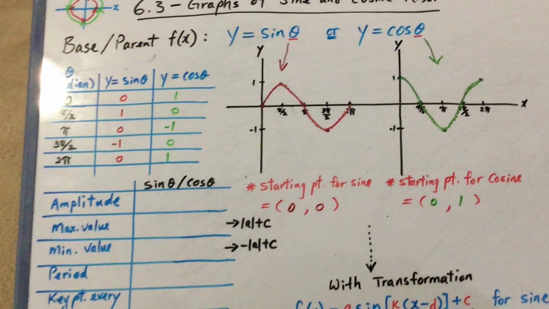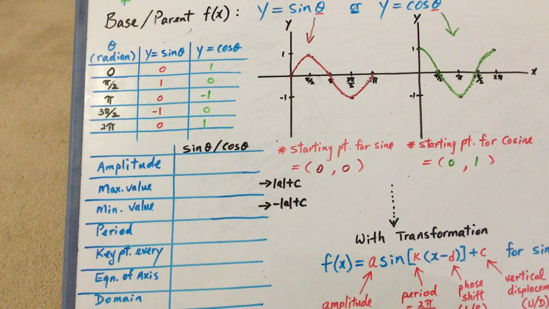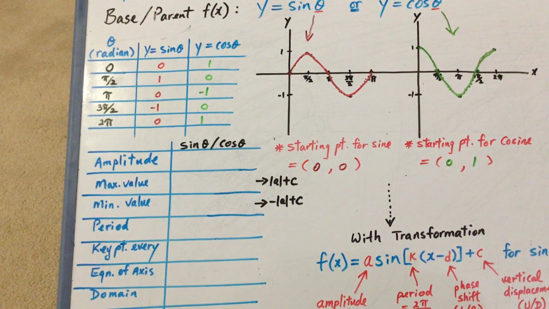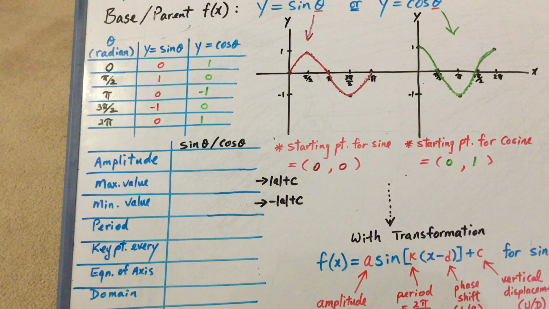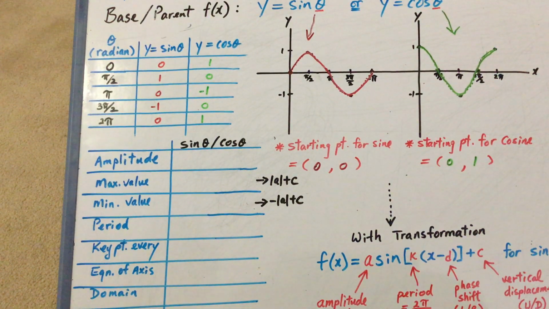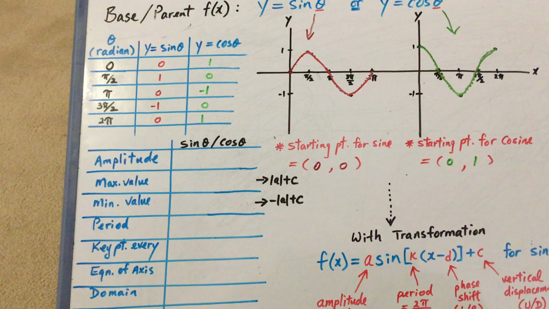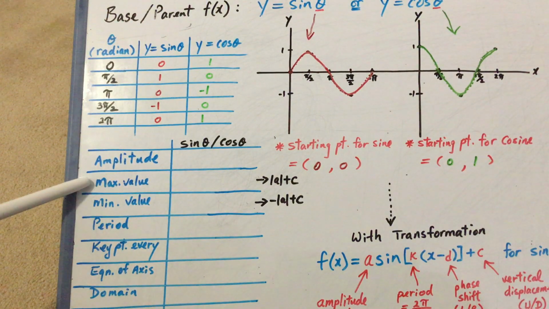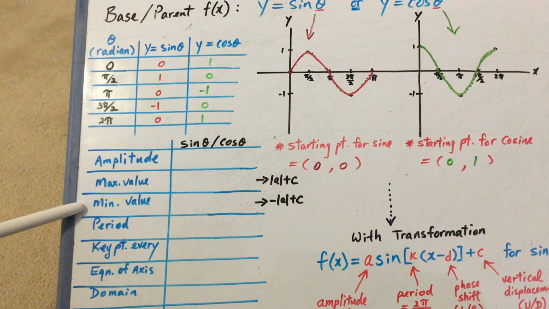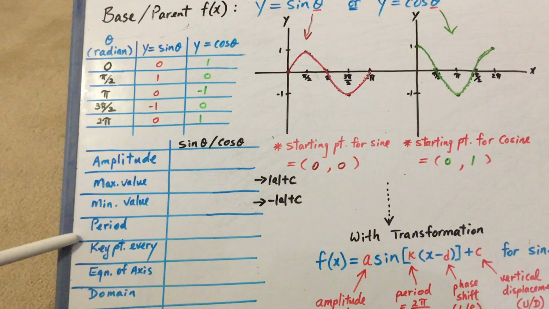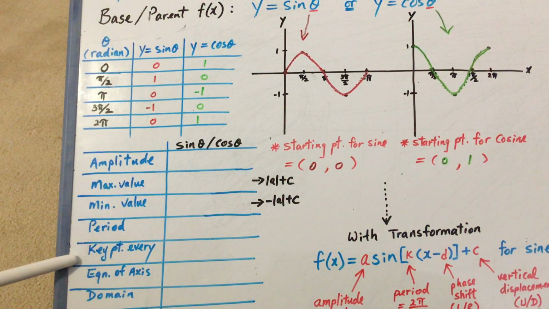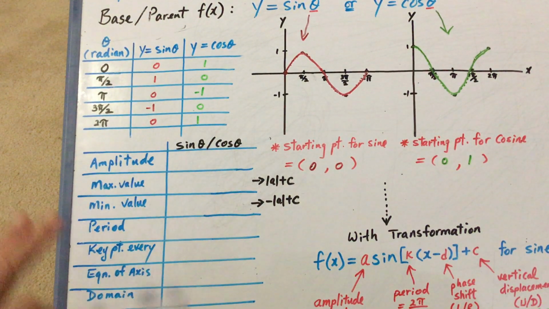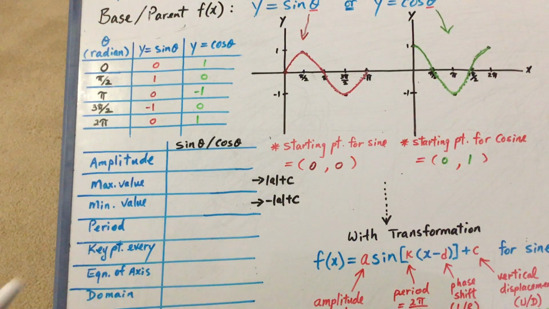Now it's very important that when we look at each of these parent functions, we need to know about some of the special properties that I hope all of you still remember. We talk about amplitude, the maximum value, the minimum value, the period of the function, key points every quarter.